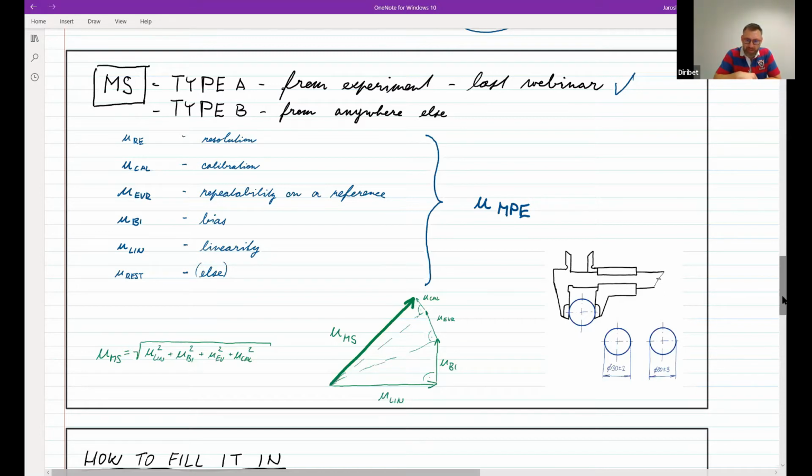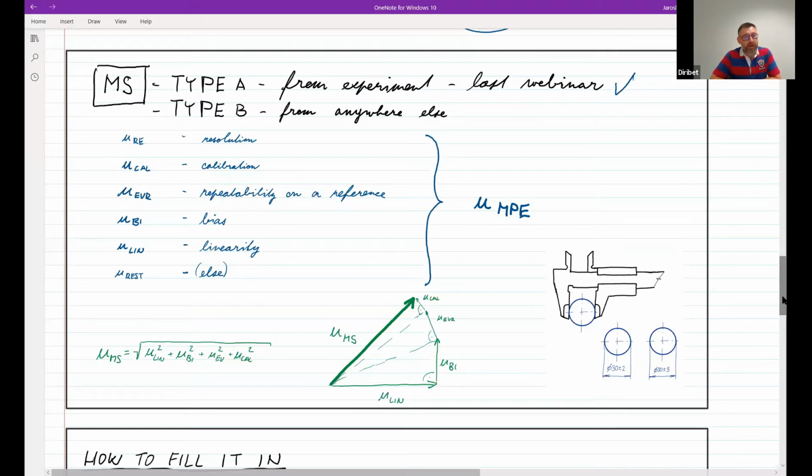Then the bias, which is how off the measuring system is in a systematic way. And linearity. The linearity is a deviation along the measuring scale, which can be eliminated by putting in a formula for a line. And I'll be talking about this towards the end.